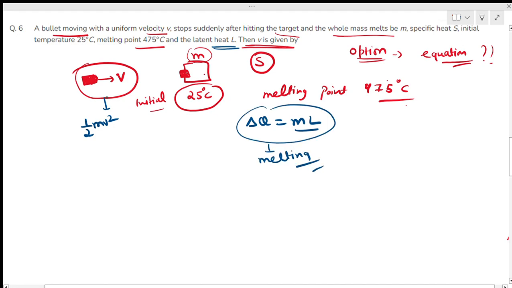Before melting, the substance must first reach the melting temperature, 475 degrees, so that heat is ms delta T. Mass is m, specific heat S is given, and delta T is the final temperature minus the initial, so 475 minus 25.